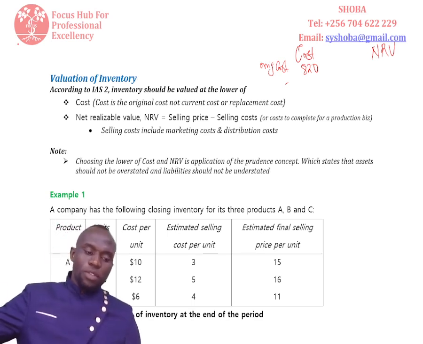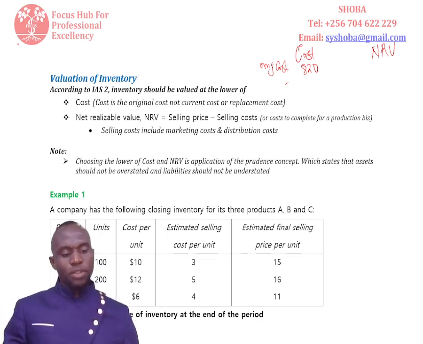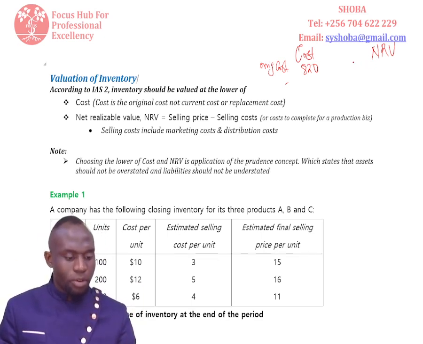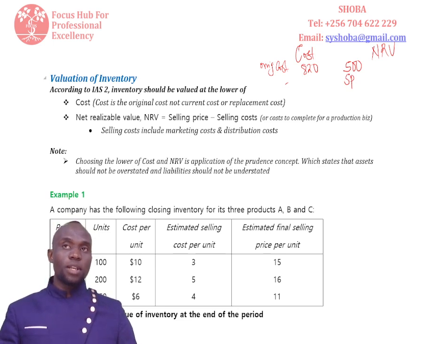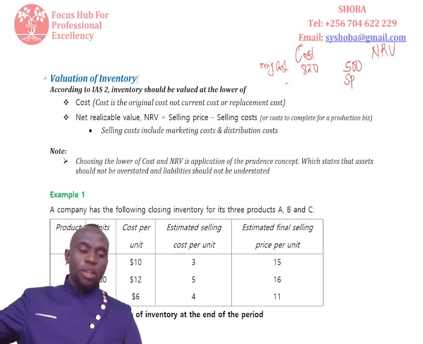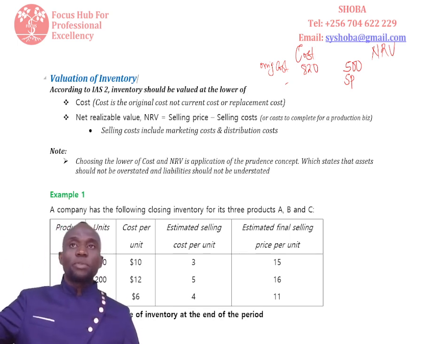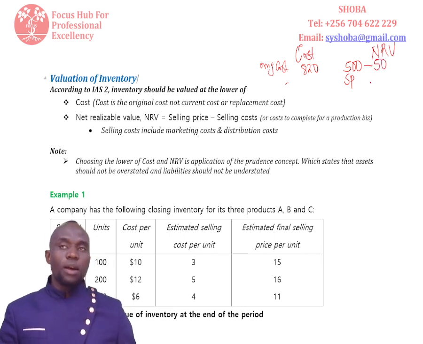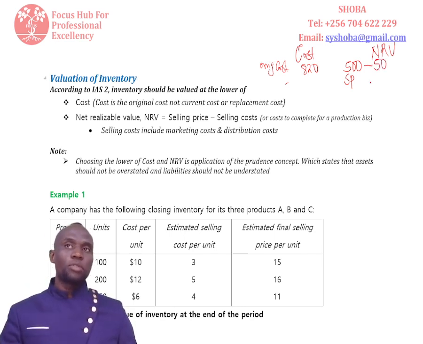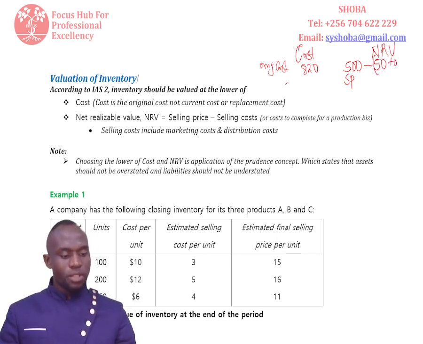Now, what if we want to sell off this phone and the best buyer we have is giving us maybe $500? So selling price is $500, but the buyer is saying before he buys, the phone should be in a good condition. Now you might find that the phone has a broken screen, so we have to replace the screen, and the repair cost is maybe $50, and the person buying the phone is far from us, so we have to transport the phone to where he is, and the transport cost is $10.